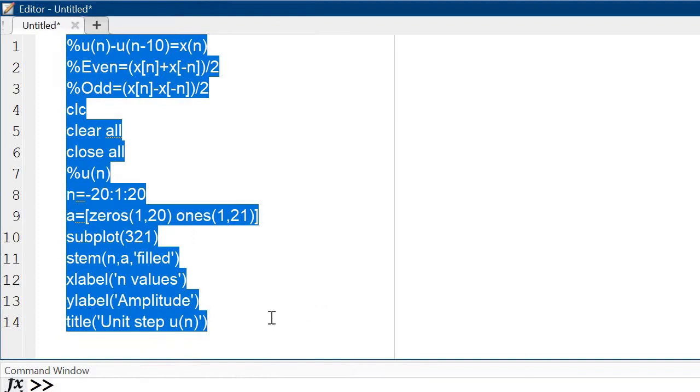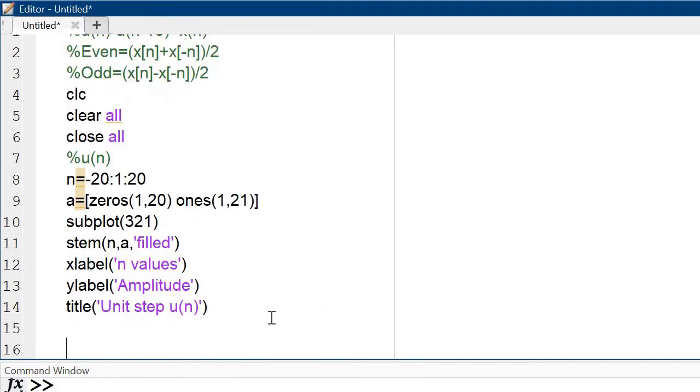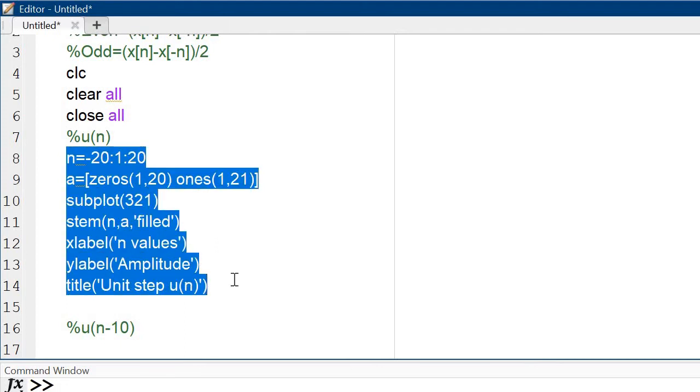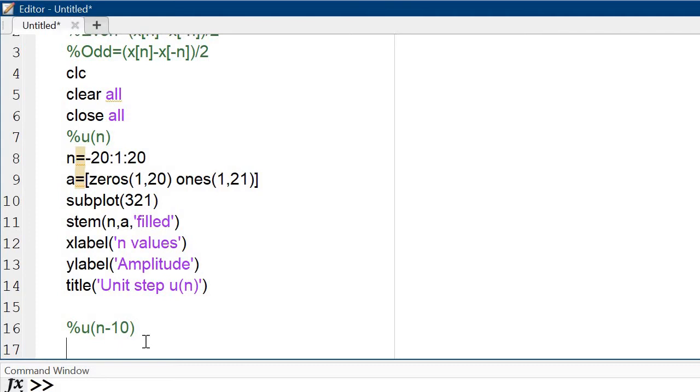Now, the next part we have is u of n minus 10. Again, if you want to write it again, then you can, otherwise no issue.